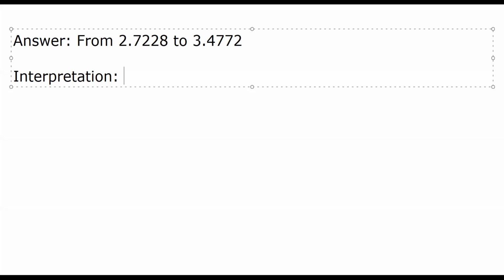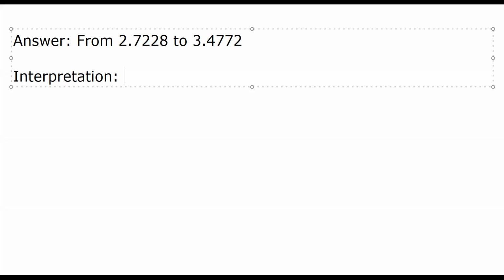Since our confidence interval was from 2.7228 to 3.4772, we can interpret that in the context of the problem. Now, as I'm typing this interpretation, I'm going to start by typing the generic way to interpret a confidence interval and then change it to interpret this specific situation.